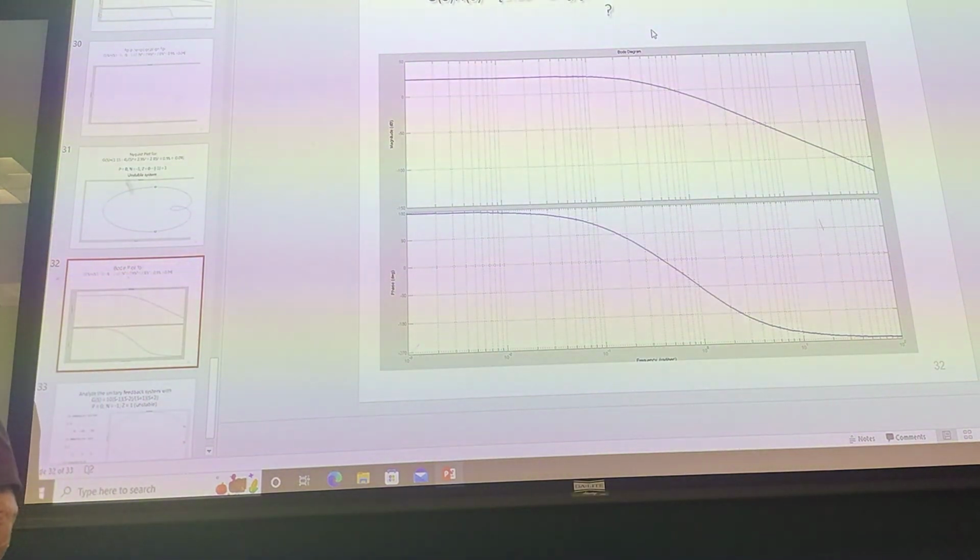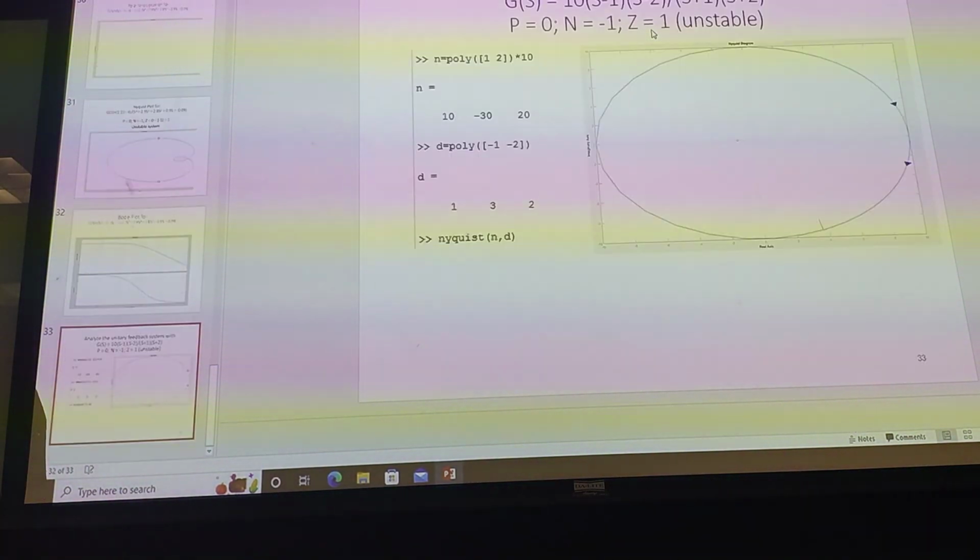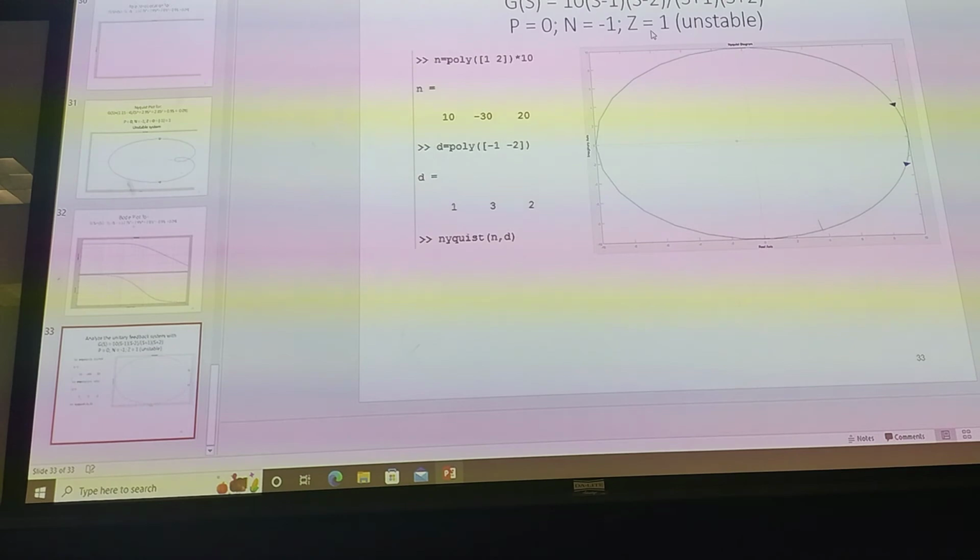But the Bode plot doesn't show it very clearly. If we increase K to 10, as I was telling you a few minutes ago, then the plot expands, and the system cuts the -1 one time, and the system is unstable.